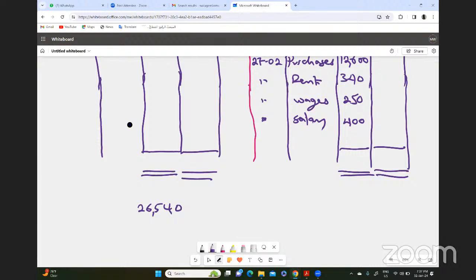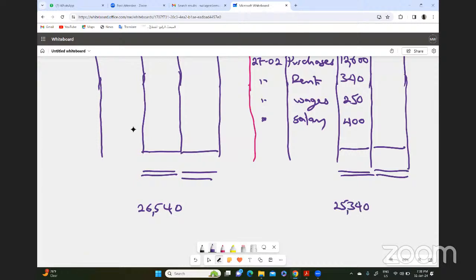Okay, don't write it as yet. What do we have on the credit of cash? Or whatever you have gotten. If you have gotten any, you give me. 25,340 of cash on the credit side.